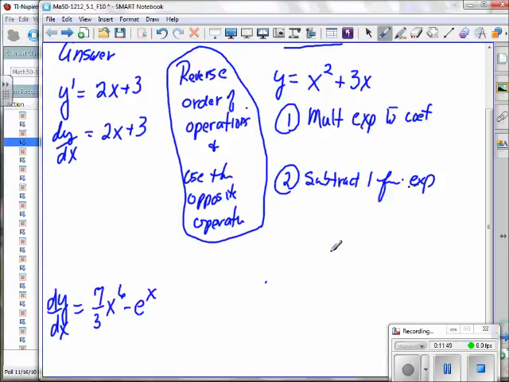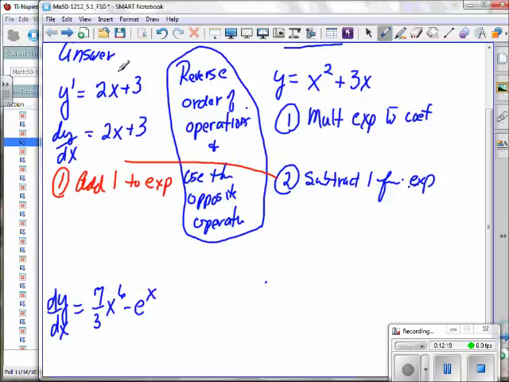If I subtract 1 first and then multiply, I do get a different answer. The second thing I do becomes the first thing over here. But you also use the opposite of the operation. So instead of subtracting 1 from the exponent, what are we going to do? Add 1 to the exponent.